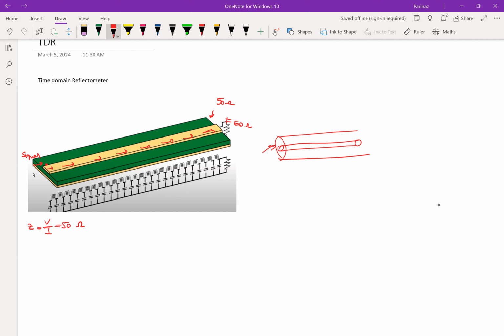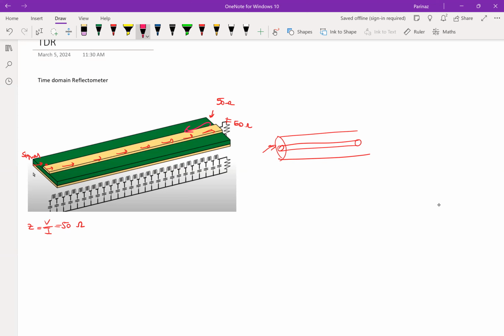Where am I going to go? So now depending on how much different this load is from that 50 ohm, the signal might decide, I'm going to completely go back. There's no way I'm going to enter this, right?